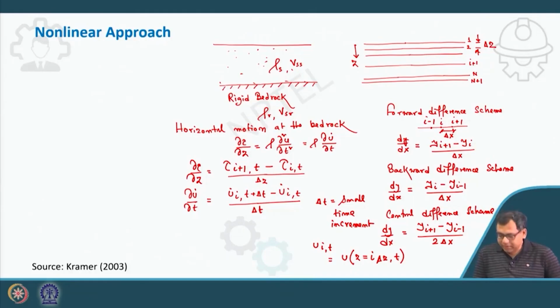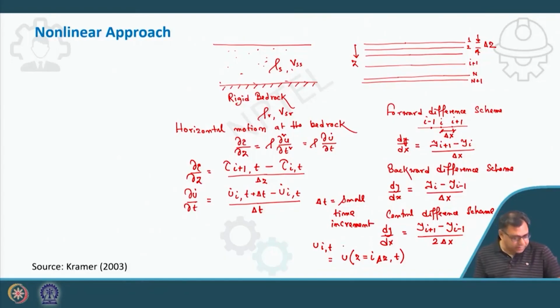At any point you can get the z value if you multiply del z with I. Here in the second case z will be del z, the third will be 2 into del z, the next one will be 3 into del z. So, del z will keep on adding if the increment, or the thickness of each layer, is the same. That is what I t means.